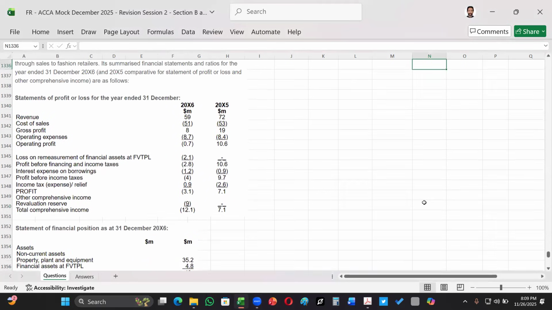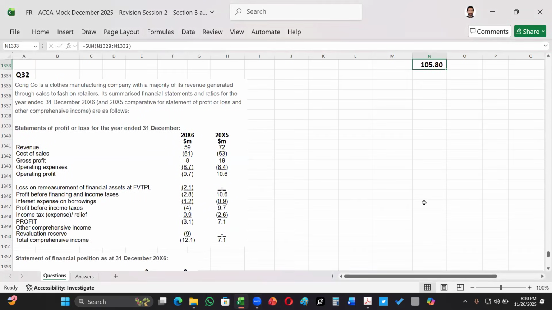So here we go. We are provided with plenty of information for this company. Corico is a clothes manufacturing company with a majority of its revenue generated through sales to fashion retailers. These points are also important, that they are selling through fashion retailers.